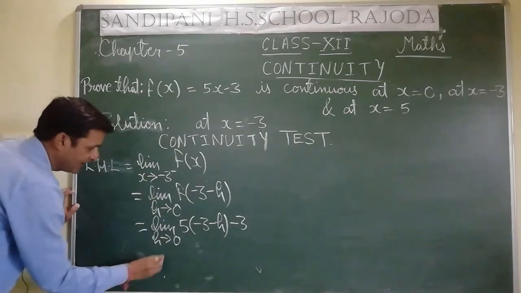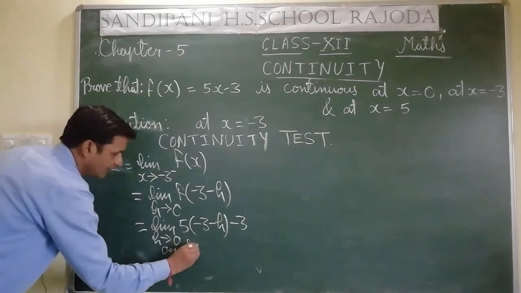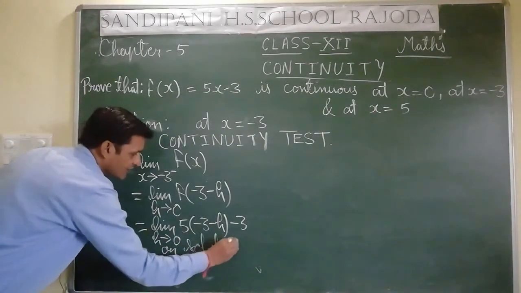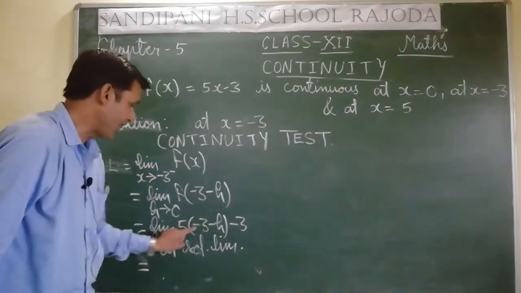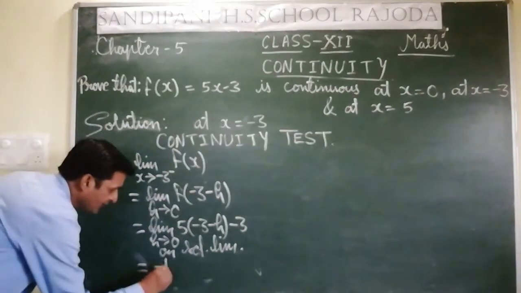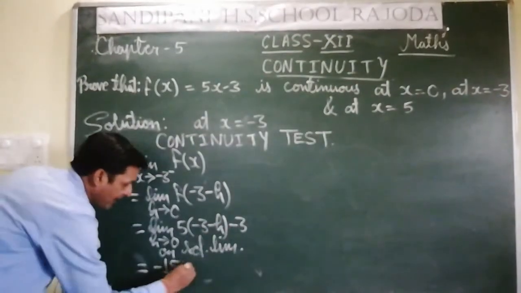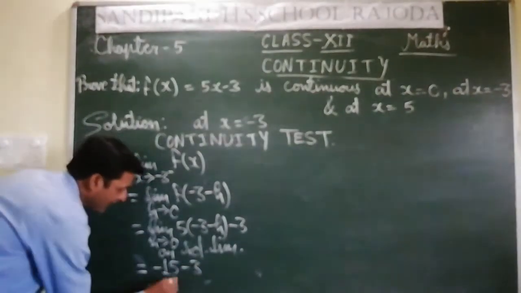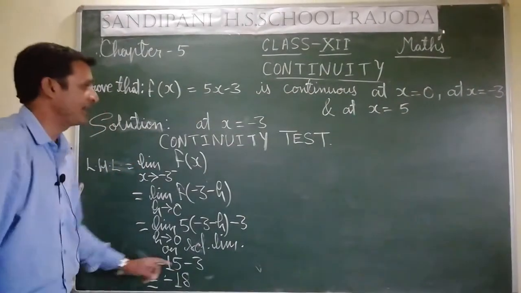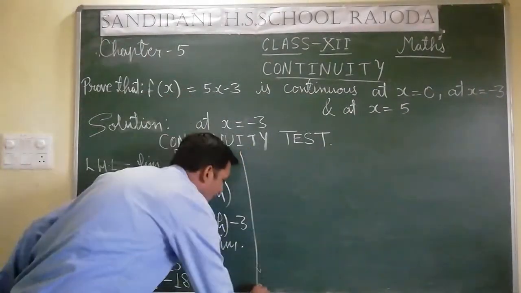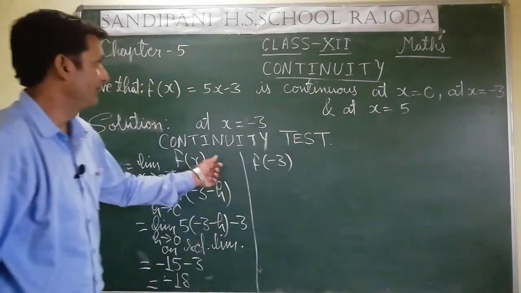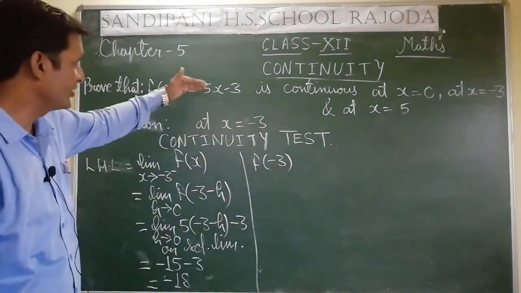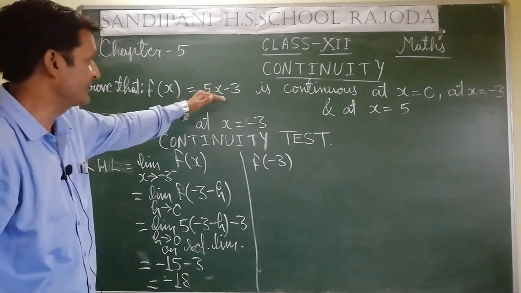Now, on solving the limit, if we solve this limit, then h is equal to 0. So it is 5 into minus 3, that is minus 15, and then minus 3. So it will be equal to minus 18. This value is minus 18. Now f of minus 3 we have to take, because at x is equal to minus 3 we just have to put the value x is equal to minus 3 in this function.